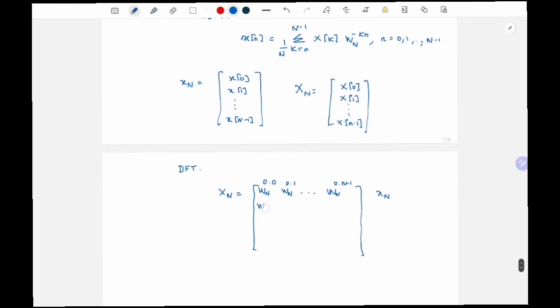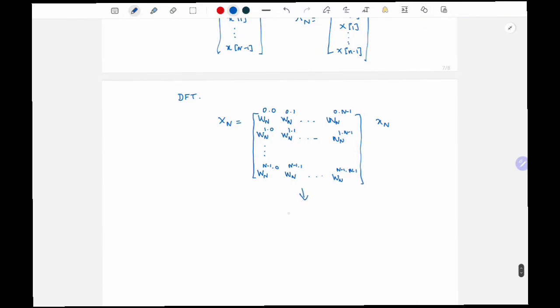And the second row will be W_N power, here k is 1 and n is varying from 0 to N minus 1. Similarly, in the final case, my k will be N minus 1, so W_N power N minus 1 into 0, N minus 1 into 1 and so on up to N minus 1 into N minus 1.